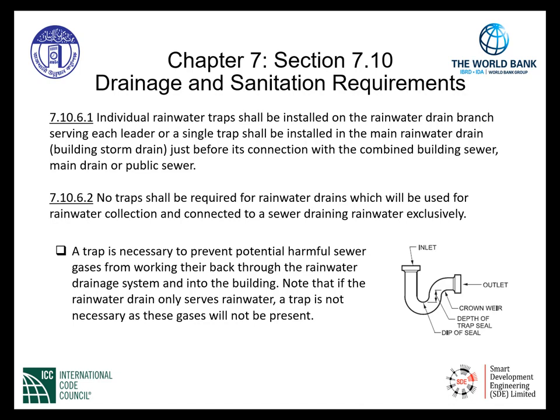Note that if the rainwater drain only serves rainwater, a trap is not necessary, as these sewer gases will not be present. So it's important for the designer and the installer and the inspector to understand where the rainwater system is being connected to accordingly.